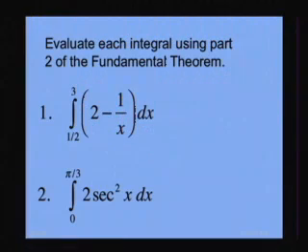Evaluate each integral using part 2 of the fundamental theorem of calculus. For problem number 1, we have the integral from 1/2 to 3 of (2 minus 1 over x) dx. And for the second problem, we have the integral from 0 to pi over 3 of 2 secant squared x dx.